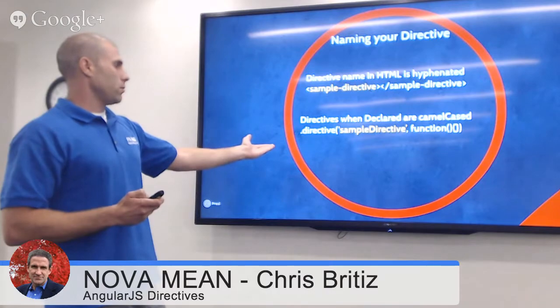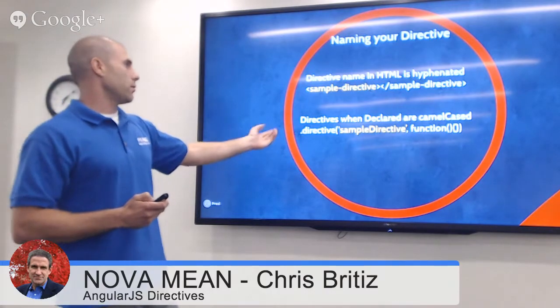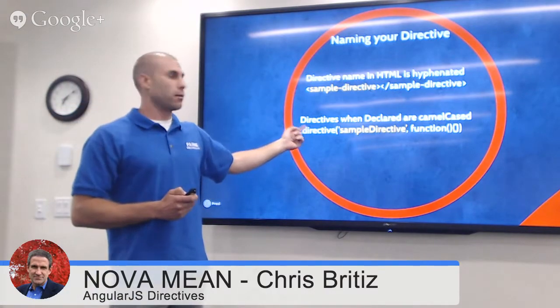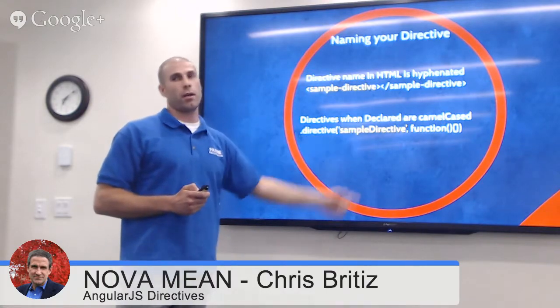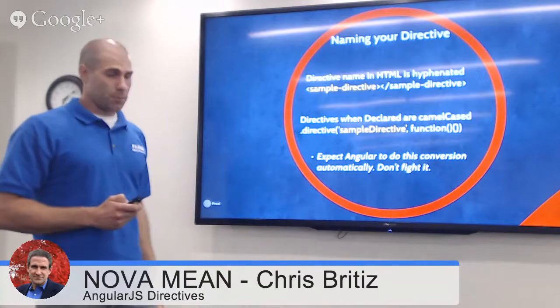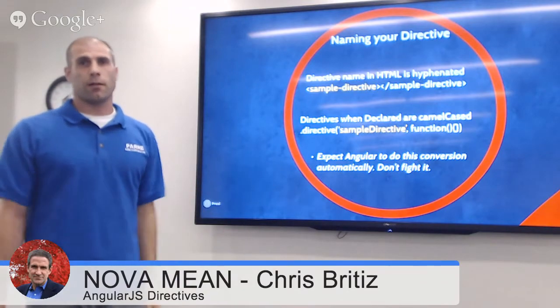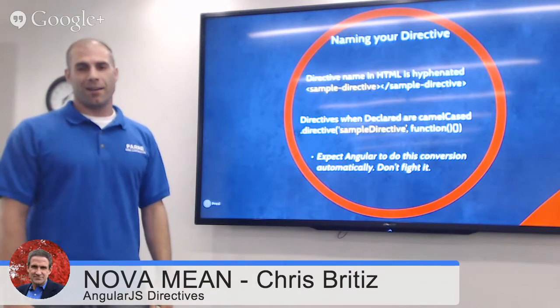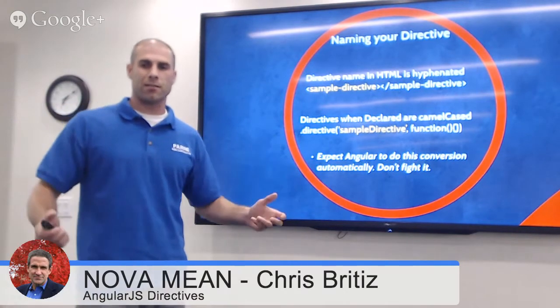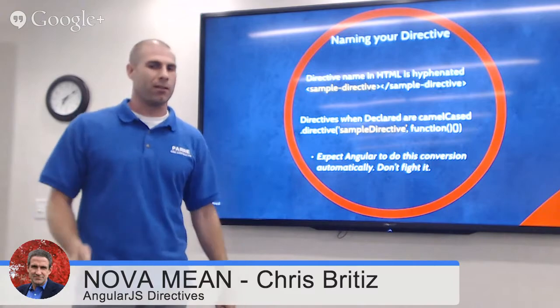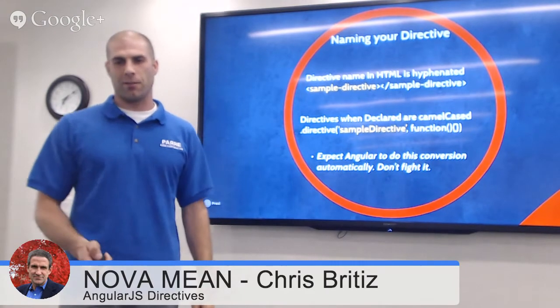The way that you declare it in Angular, so this is HTML and this is Angular, it just gets converted to camel case. So expect Angular to do this automatically. There's no way around it. When I first started doing directives, I was like, why can't I just name it what I want to name it? Don't fight with it. Just let it be.